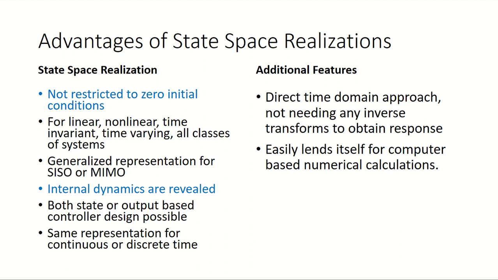This is also an important feature, because in modern control we are using microcontrollers and other computational devices to calculate the control action. Everything is happening in that digital hardware space. So we need to be in a domain which lends itself easily to computer based numerical calculations.